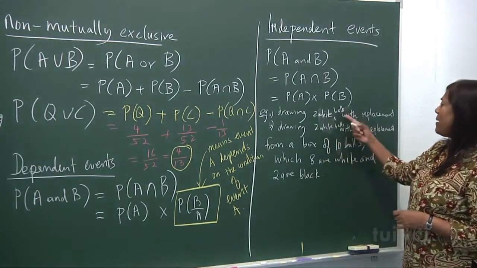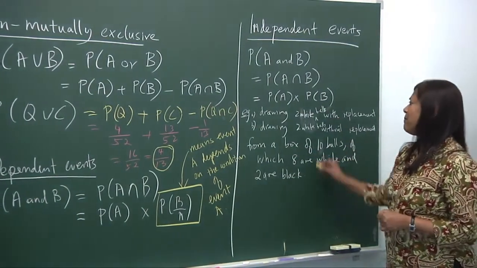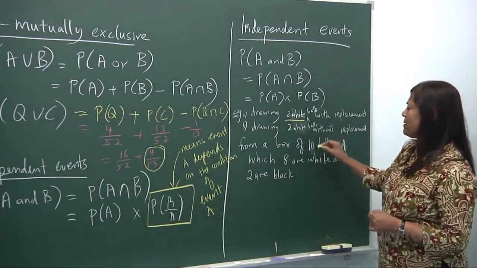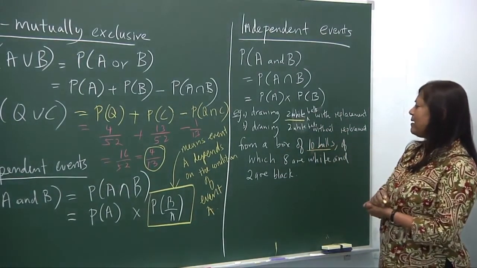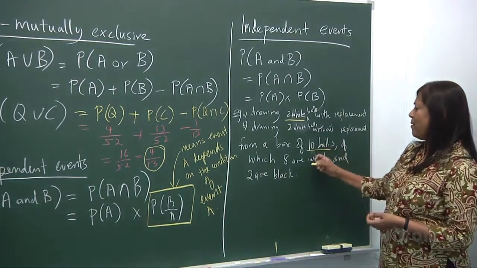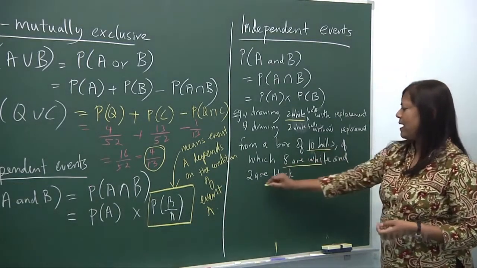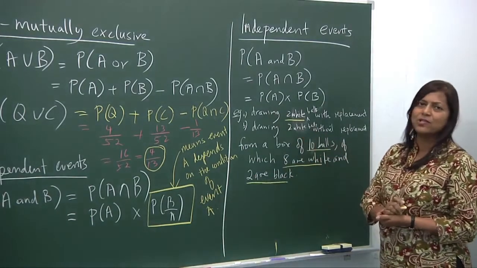Now, what is the probability of drawing 2 white balls from a box of 10 balls? These 10 balls are 8 white and 2 black, in the first condition.